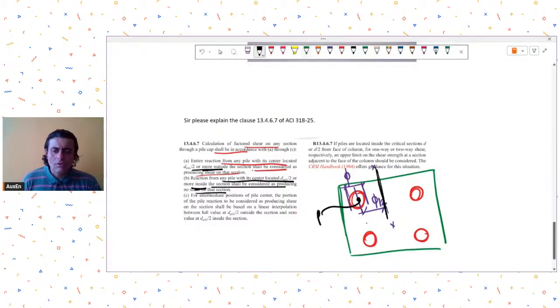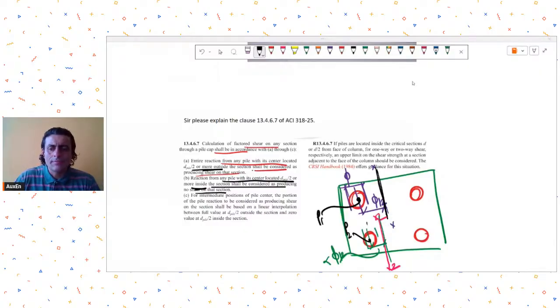Anyway, so for example, if I consider a section over here, this is my section, let's say X2-X2, and this is my pile center. Now, if this distance is less than phi/2, where phi is the pile dia, then I will not consider any shear on this particular section. So the reaction acting on this pile P2, I will not consider to be producing any shear on this section X2-X2, which is at a distance less than d/2. Is it clear, Mr. Manish?